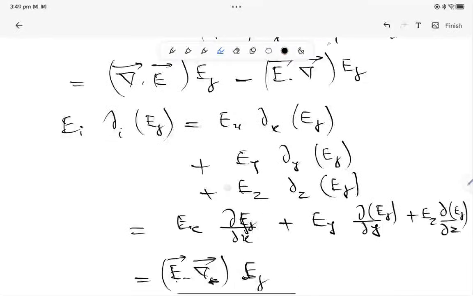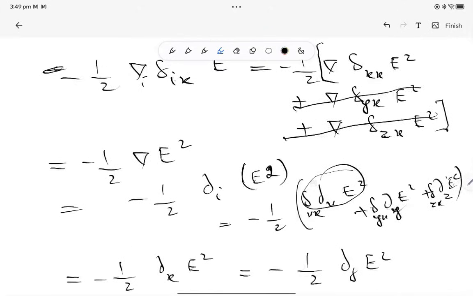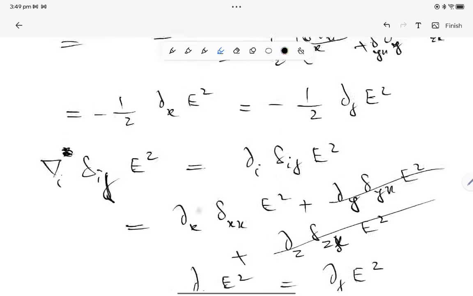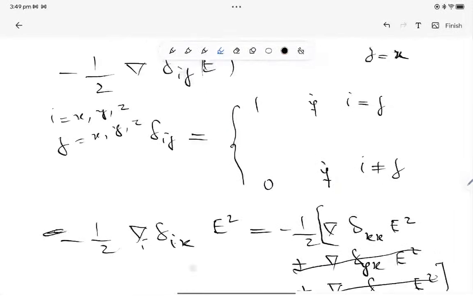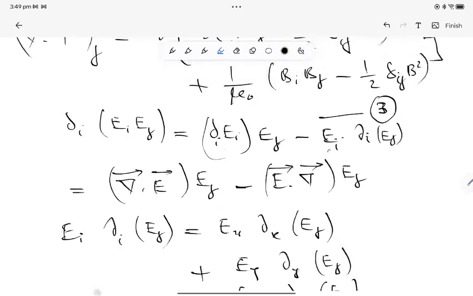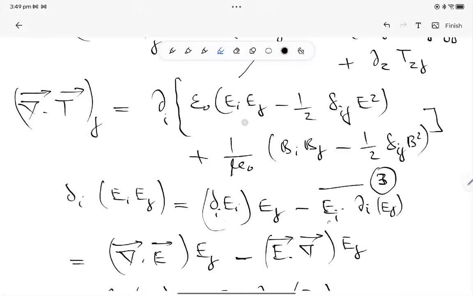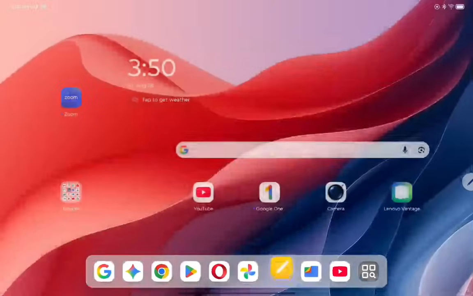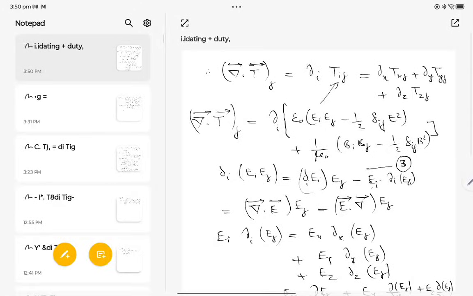Now we can write this. Writing the value of del dot T, epsilon naught, then epsilon naught, and then you have this term that yielded us del dot e e j minus e dot del e j. I think it is easy for us to remember.